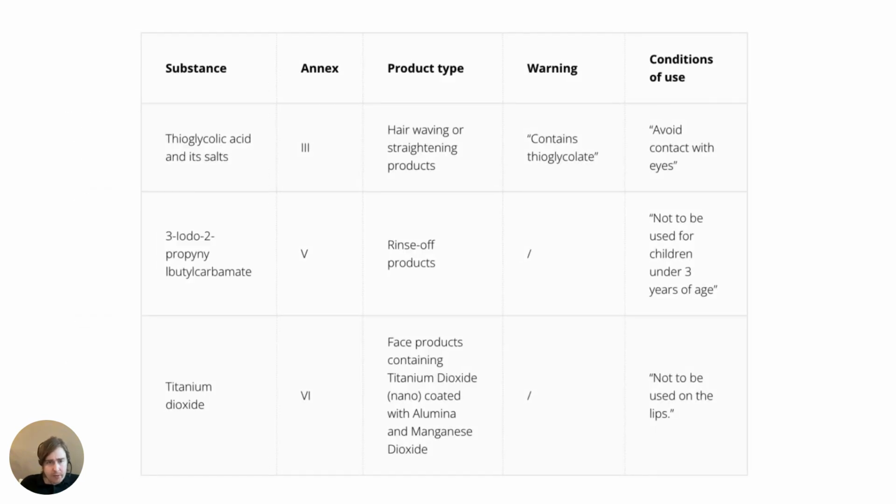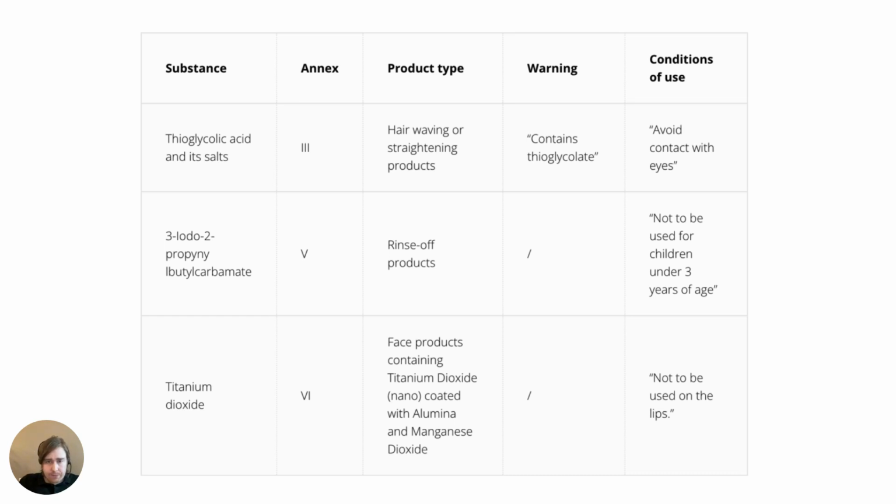Let me show you a couple of examples here. So these are taken from, this one is from Annex 3, this one is from Annex 5, this is from Annex 6. You can see here the substance name on the left, then on the right, the annex, then we've got product type, for example, rinse-off products or hair waving or straightening products. And then you would need to include this warning.